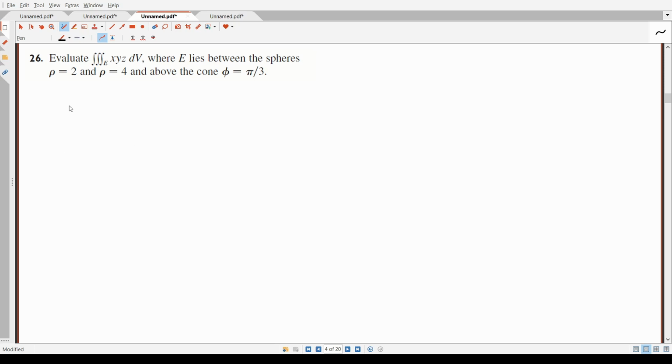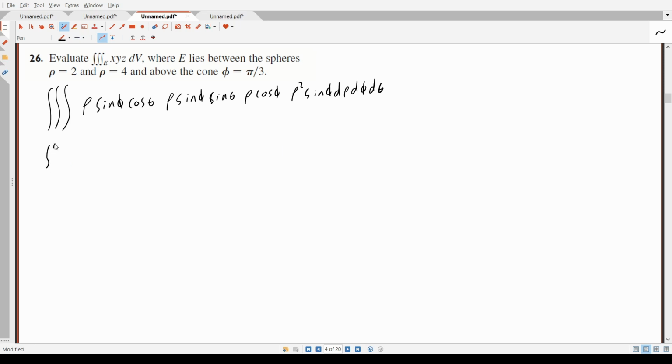Okay, so again, let's convert this to spherical coordinates. This is going to be rho sine phi cosine theta times rho sine phi sine theta times cosine phi, and then we have to remember to multiply by rho squared sine phi d rho d phi d theta.